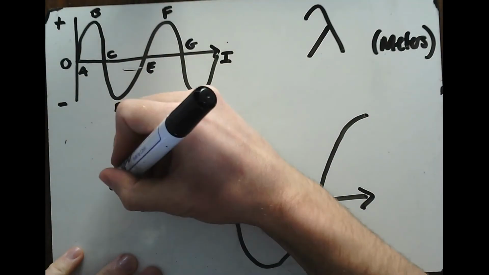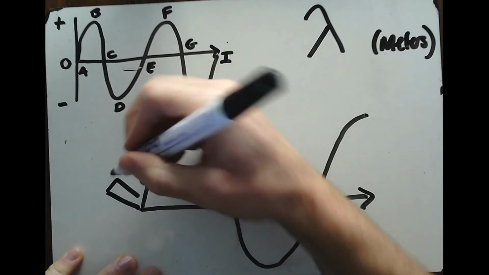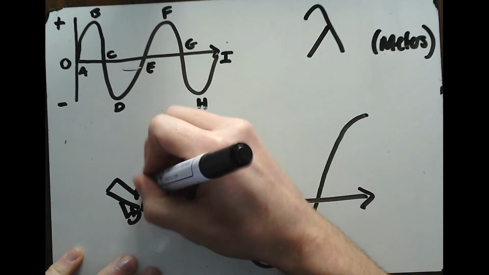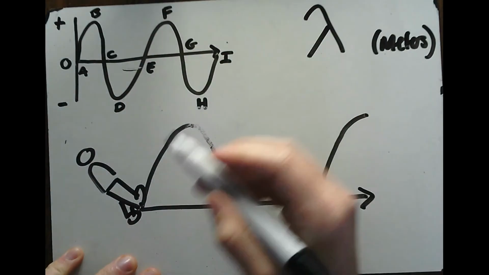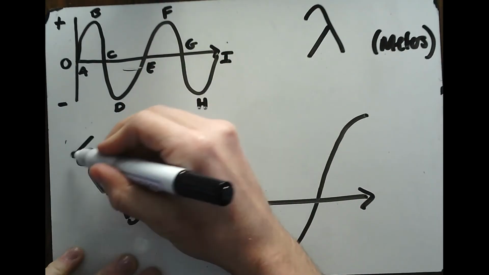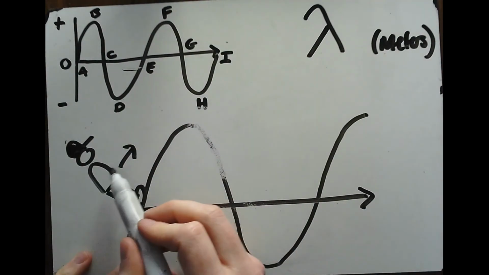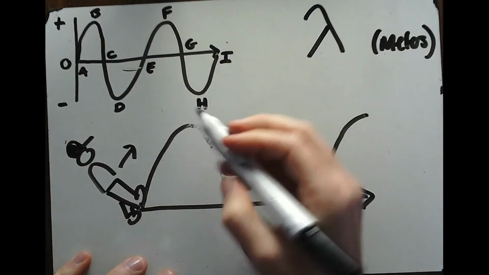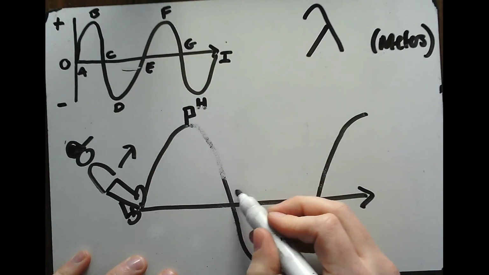So if we've got a little person here, and this person is a mountaineer, they're going to be climbing this mountain. So they're on the way up the mountain here. They're going forwards. Put a little hat on them to represent which way they're going. And you can clearly see that they're going up here, they get to the top, they stick their flag in the peak, and then they're coming back down here.